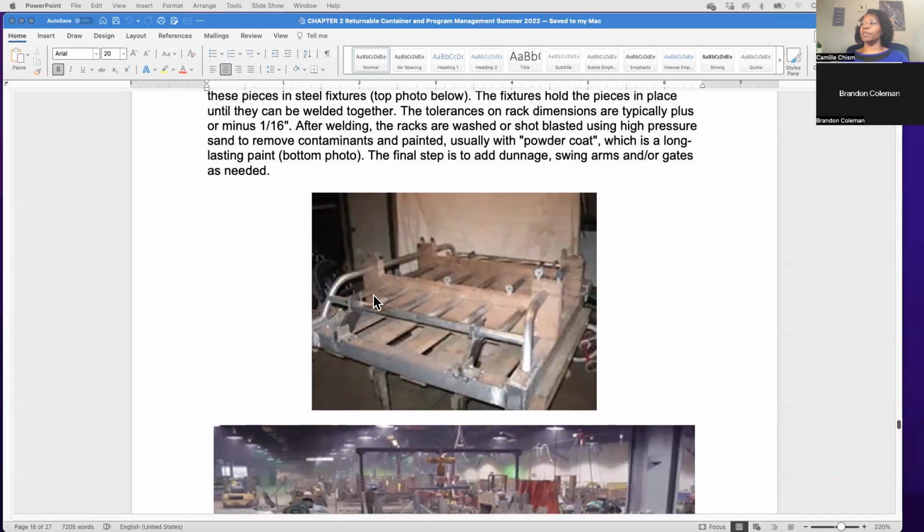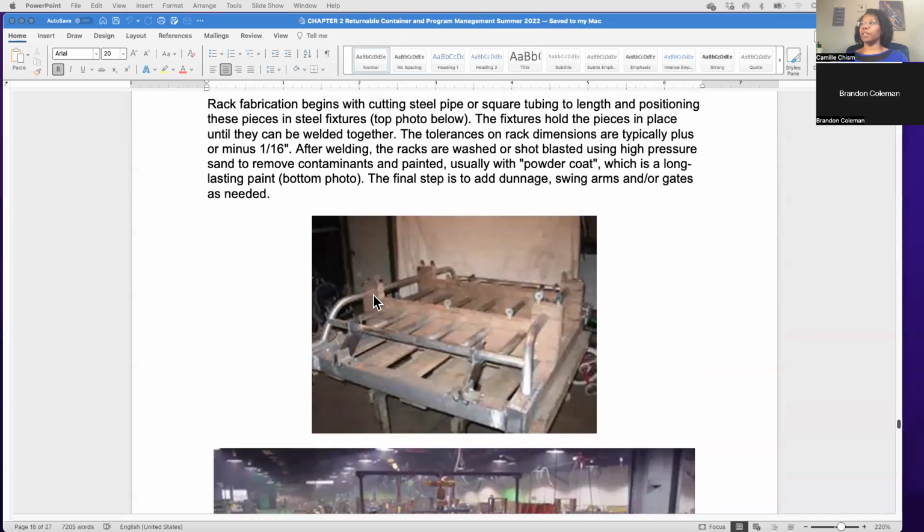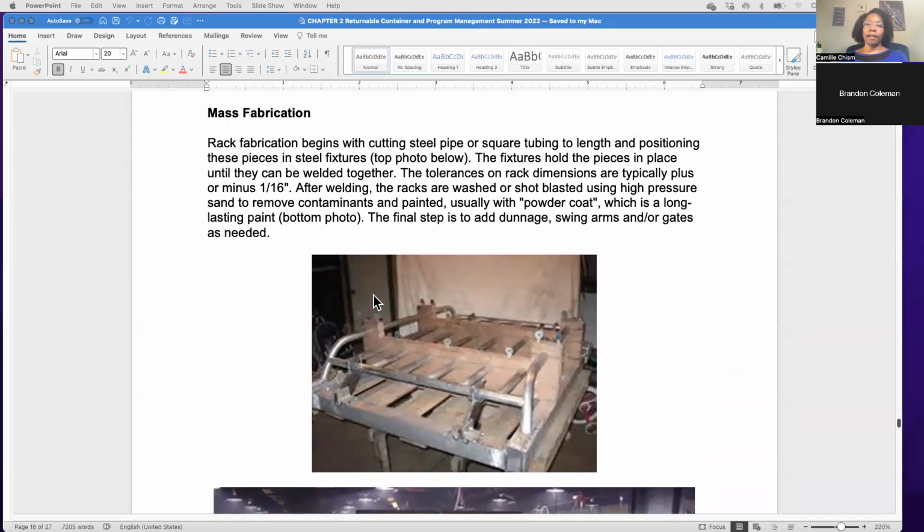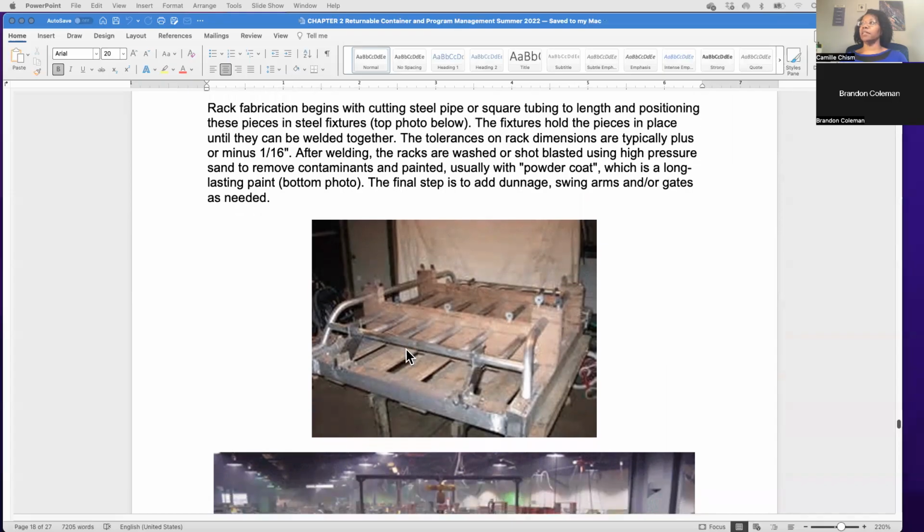Some companies may actually have some automatic welding in there, but there are some rack fabricators that do not do this with any sort of automation. They will do all this by hand. But when it comes time for full production, they will build fixtures so that they can hold the parts and make it easier to produce them in larger quantities.